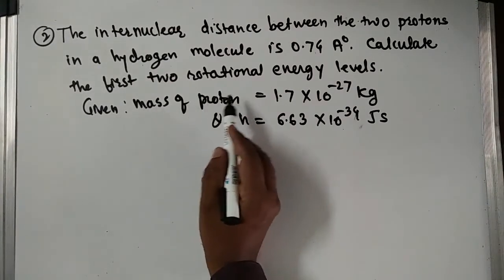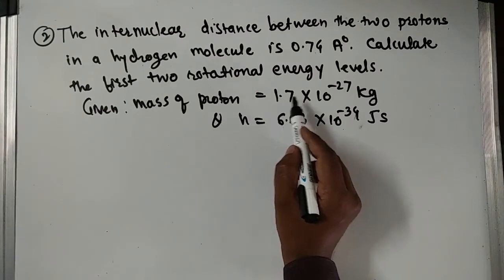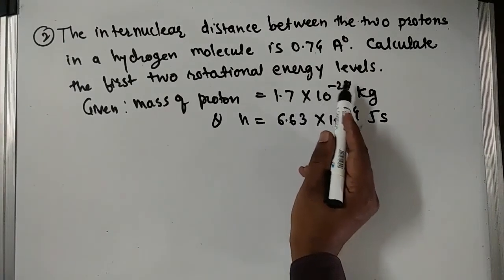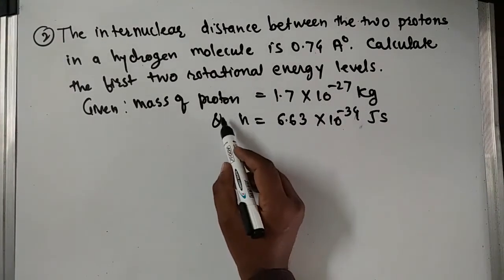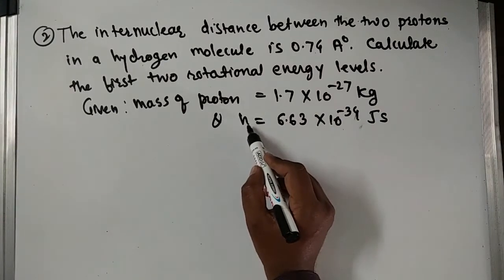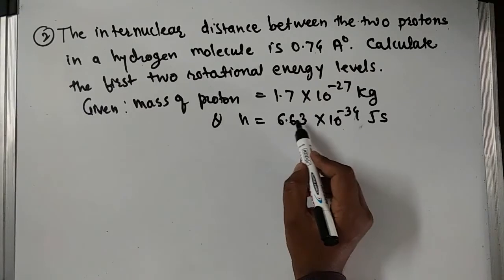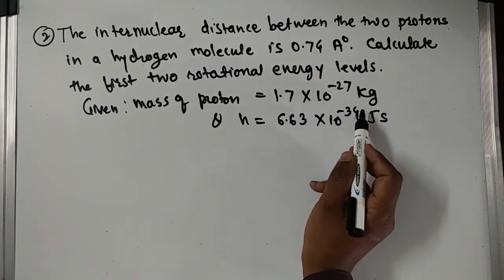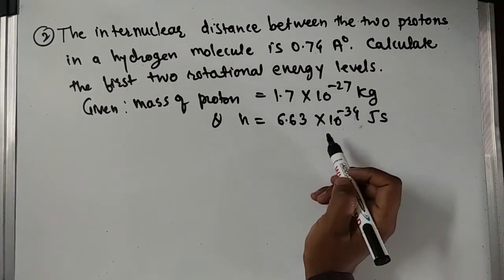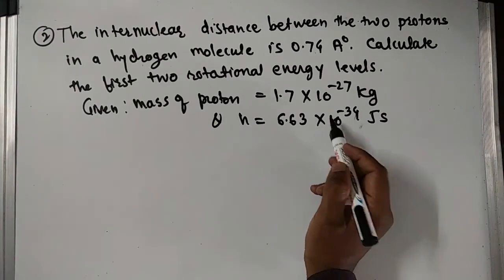Given: mass of proton is 1.7 into 10 raised to minus 27 kg, and Planck's constant h is 6.63 into 10 raised to minus 34 joule second.